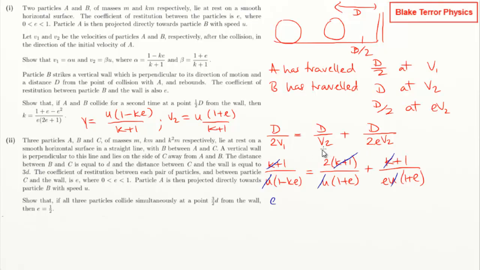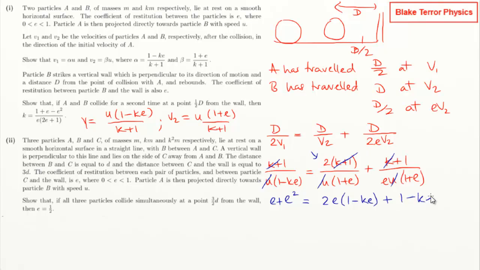Which bit? Well, they've left this one in the bracket, and the rest of it is going to expand out. So I'm going to have a(e + e²), and that is going to be equal to a. I'm going to have a 2e, then a 1 minus ke, and then just a 1 lot of 1 minus ke.